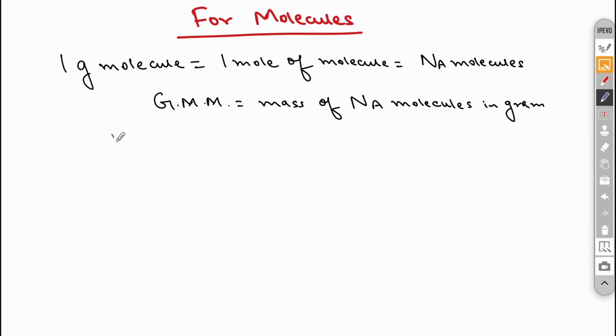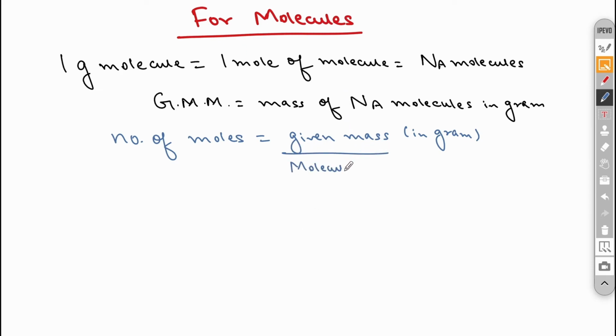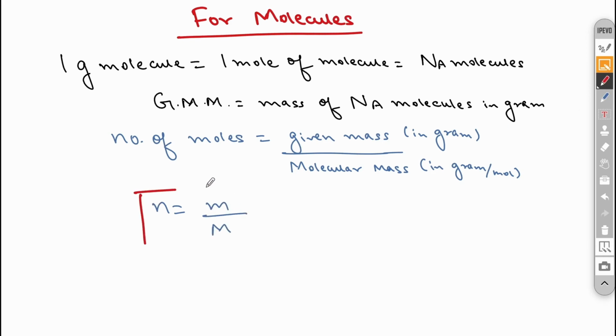This is GMM. Also we can write the number of moles for molecules. Number of moles is given mass, which will be provided in problems mostly, in gram, divided by the molecular mass, right? So number of moles is given mass divided by molecular mass, which will be in gram per mole. So small n, the number of moles, will be small m divided by capital M, which is similar to what we discussed for elements.